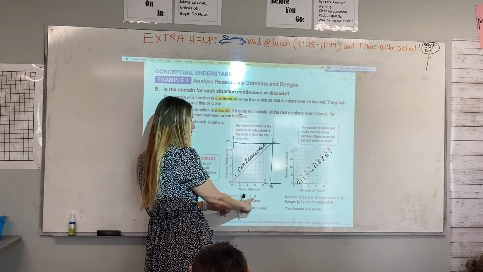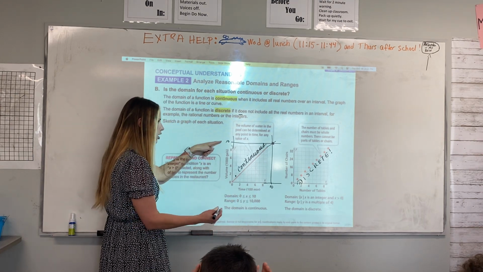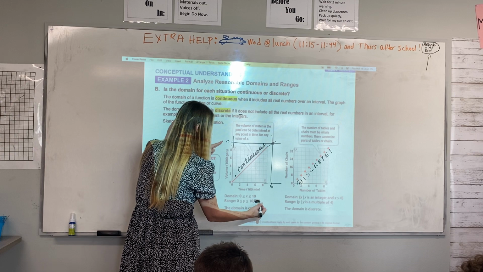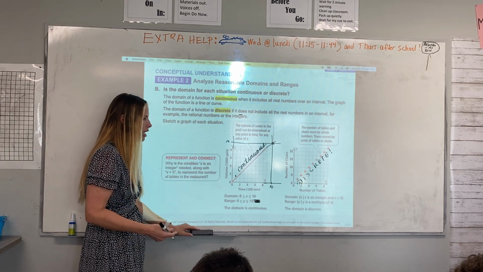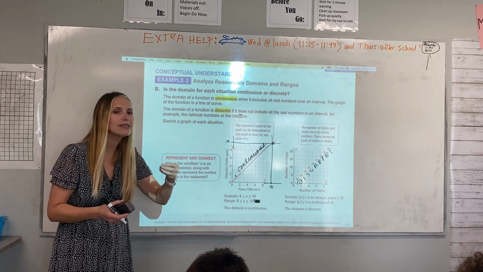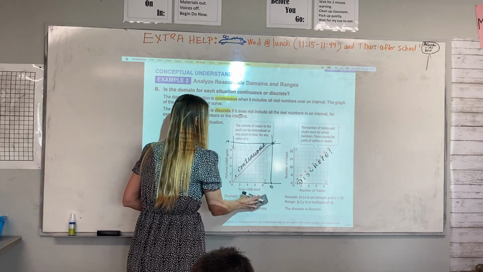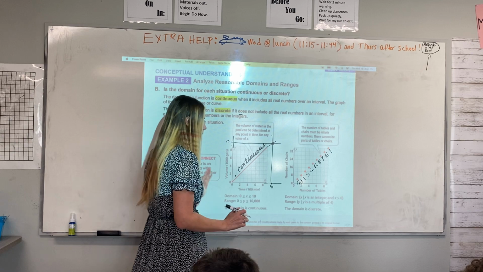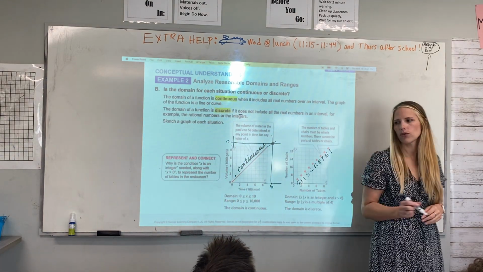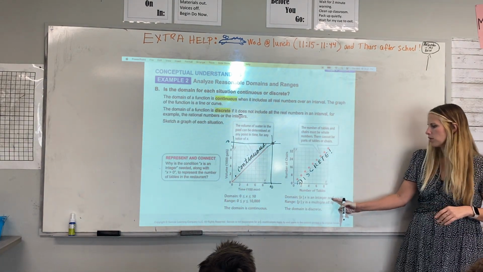So they could represent that as 10. In that case, they would also have to represent this as 10. But if we're talking about the real number, it would be 1,000 and 10,000. Okay, so back to our discrete graph over here. Let's just talk about what the domain would look like.